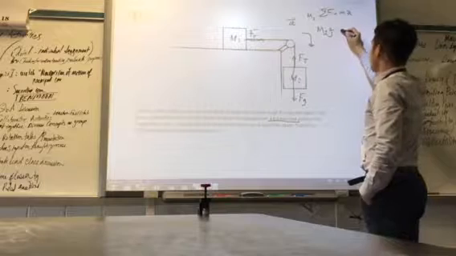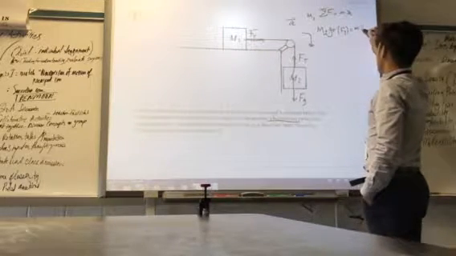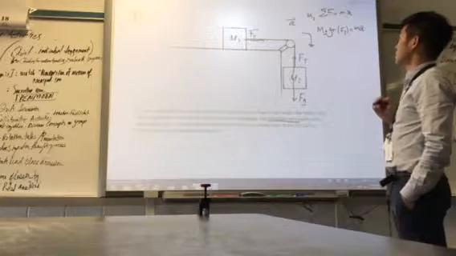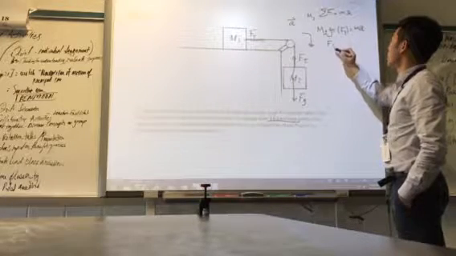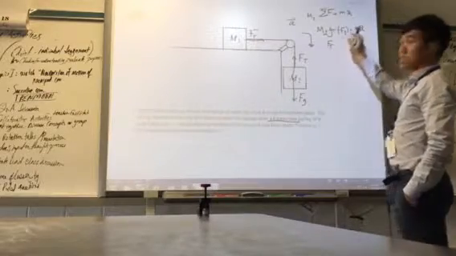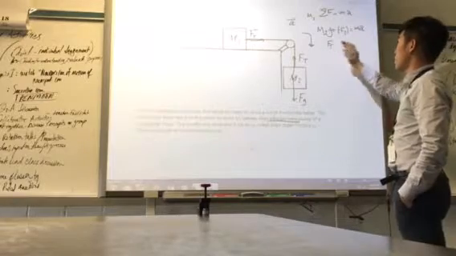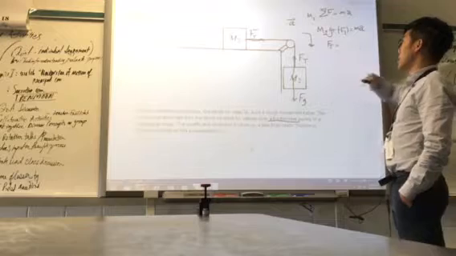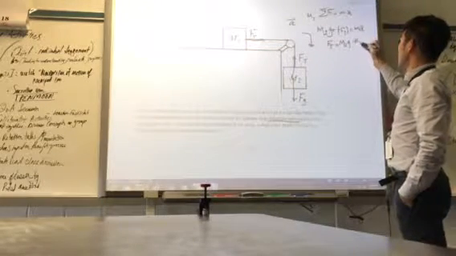M2G plus FT is equal to MA. So that's one of the things we need to know. Why don't I draw it in such a way that it will be on a frictionless surface. So if I move the force of tension over there, that will become positive, just like right here, and I will move MA over here too, so that will become negative. So M2G minus M2A.